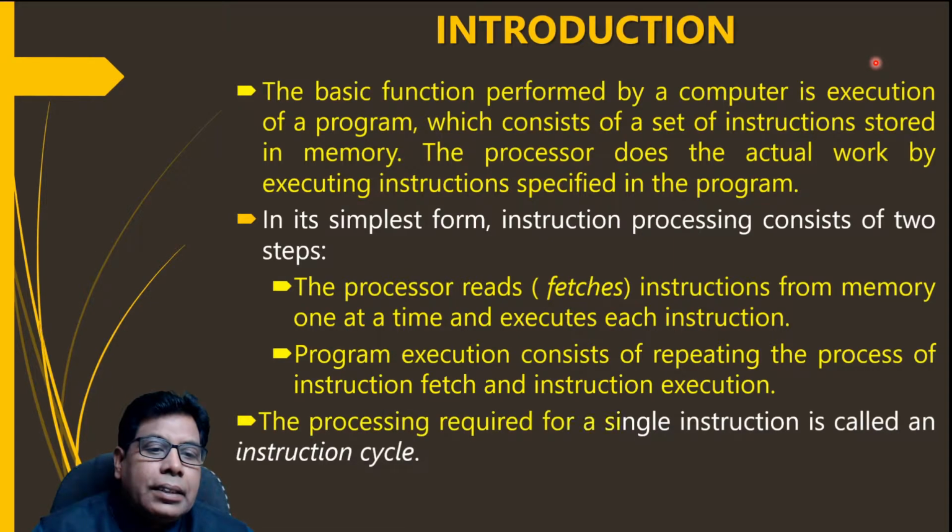Now, the processing required for a single instruction is called an instruction cycle. We have already discussed the instruction cycle when we studied the computer function. So there is a separate video for that. Those who are watching this video without the introduction part, you can go and watch that video on my channel.